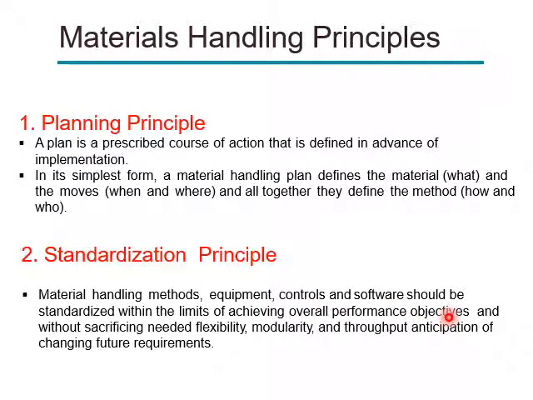But reducing variety and standardizing these may reduce your flexibility, your modularity, and your throughput and anticipation for changing future requirements as well. Okay, so for example, in order to standardize your material handling equipment, you started using only forklifts, nothing else.